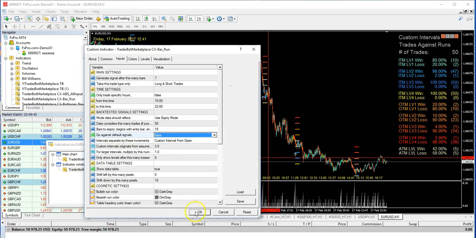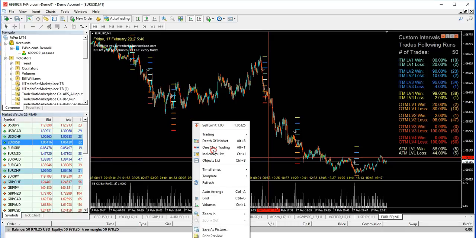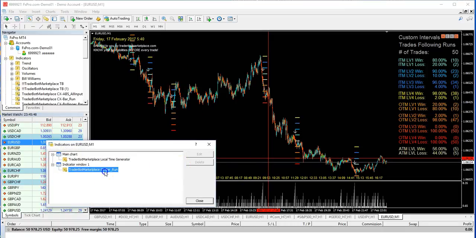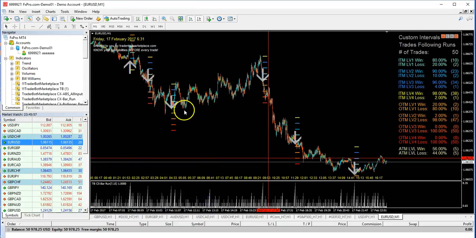Actually, that one is in reverse. Now you can see. Let me make the arrows a little bit bigger. Now you can see the arrows, and you can look here and see what happens in the allotted time frame.